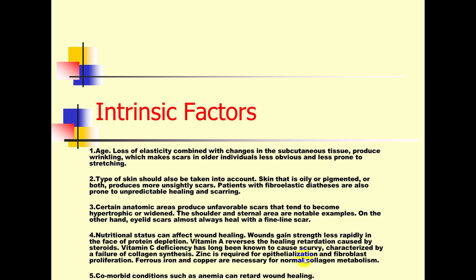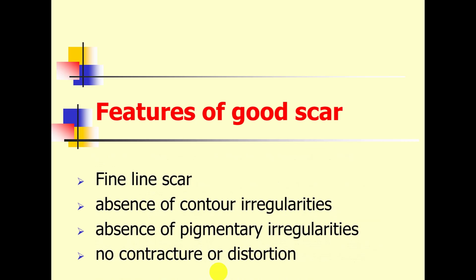Zinc is required for epithelialization and fibroblast proliferation. Iron and copper are also very important for collagen metabolism, so many trace elements are important for the healing process. Lastly, comorbidity like anemia can retard and delay wound healing.